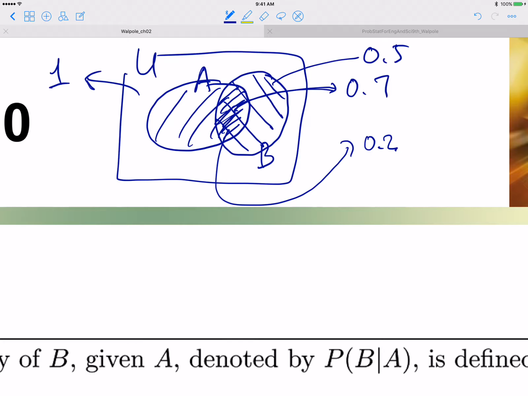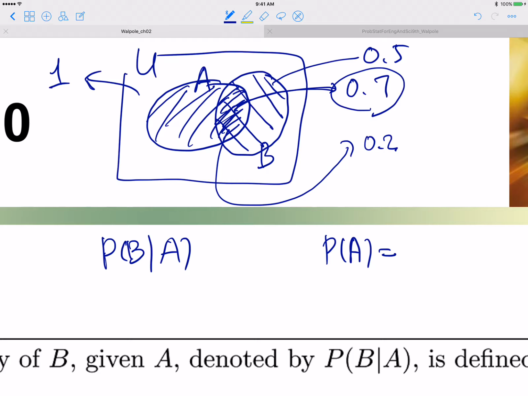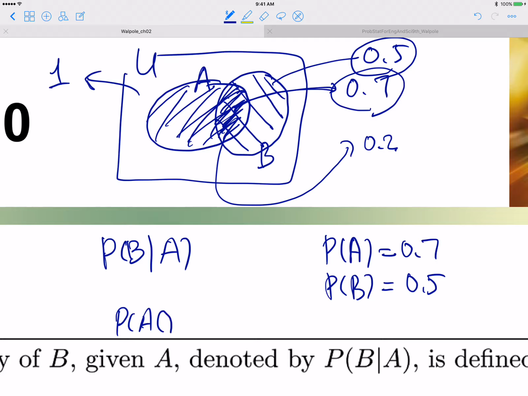So let's think about this situation. What is the probability of B given A? First of all, what is the probability of A? A was 0.7, which was the area of this part, and P of B is 0.5, and the intersection A and B is 0.2, right?